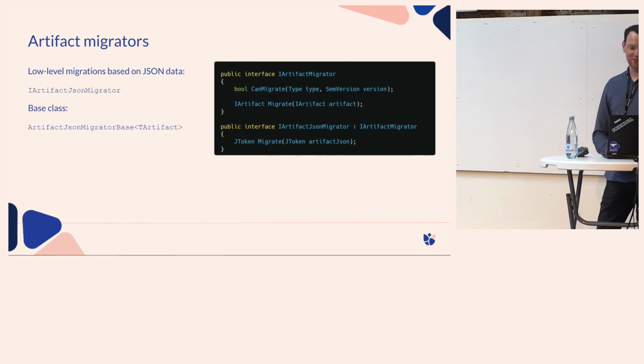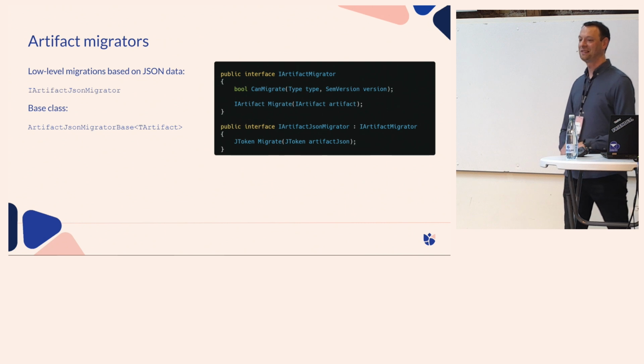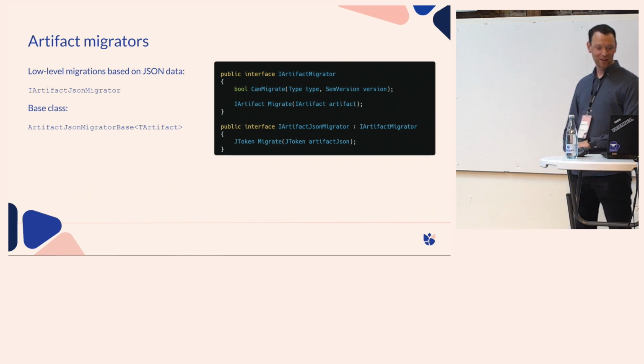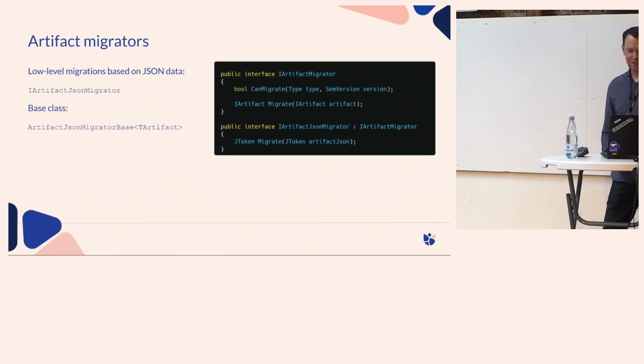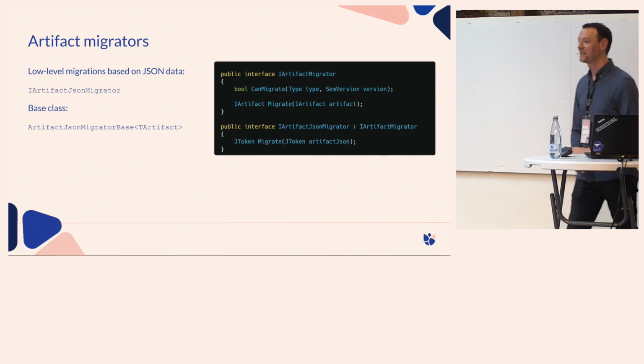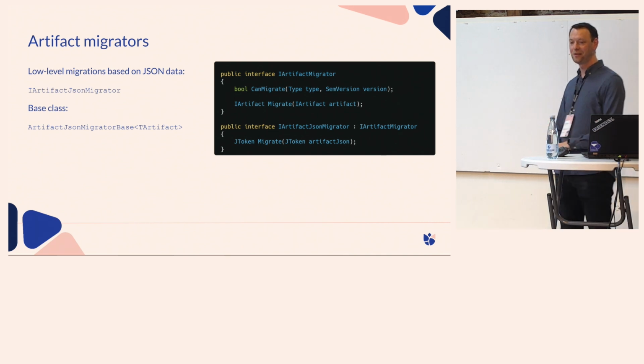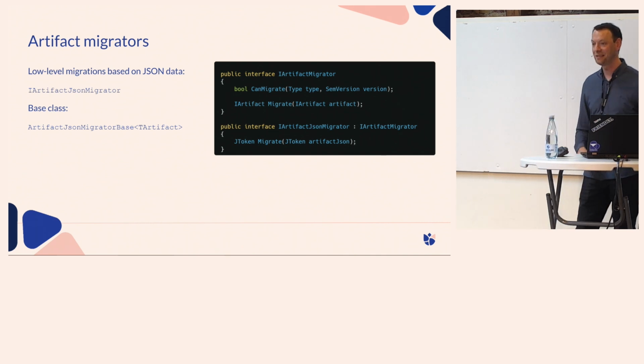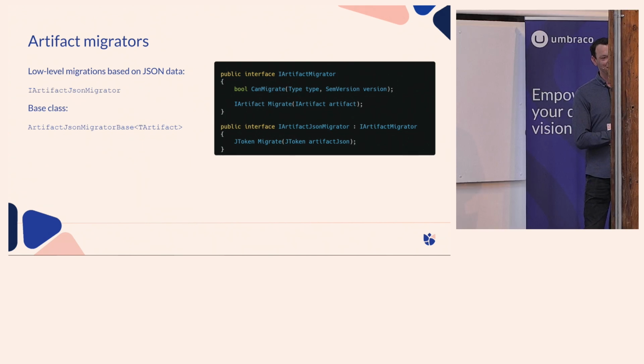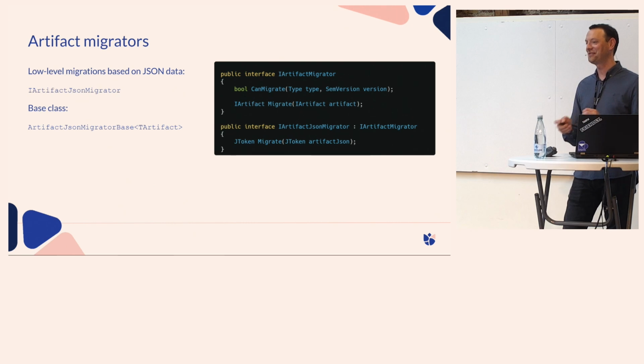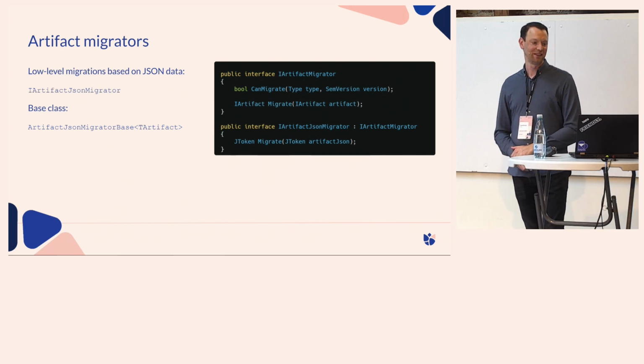Then the artifact migrators also have an option to do a more low-level migration using the IArtifactJsonMigrator. And there's a similar base class that specifies the artifact type. This is mainly used for the Umbraco 7 import, for the legacy migrators that we've developed in the deploy contrib package, because the JSON structure has changed significantly between 7 and 8 and newer versions.